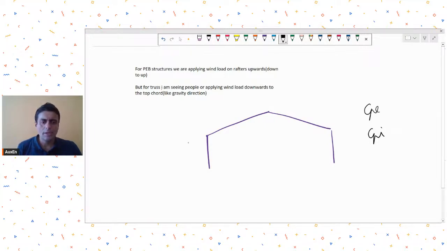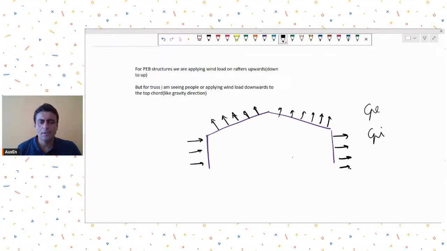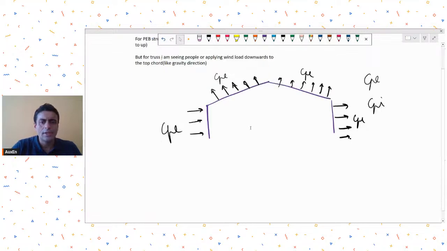So for general slopes of your pitched roofs, the CPE directions are like this. Yes or no? So these are your external pressures on the wall, away from the roof, away from the wall on the leeward side. So this is how you get CPE usually.